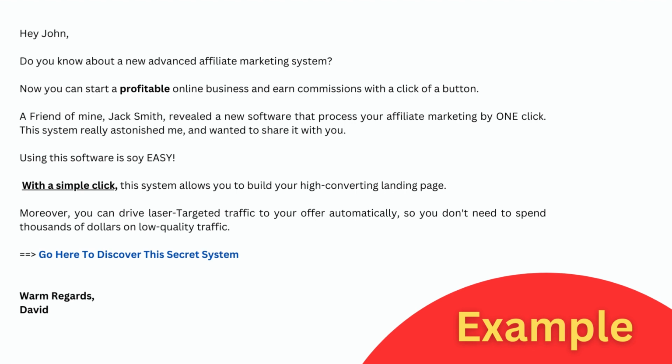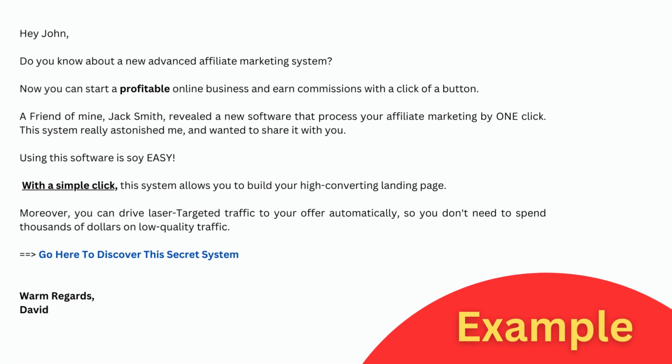Try to focus on the visual flow of your email, as I have written here. As you see, the first sentence: Hey John, do you know about the new advanced affiliate marketing system? This is the first sentence and it is very small. Then go to the second sentence: Now you can start a profitable online business and earn commissions with a click of a button.